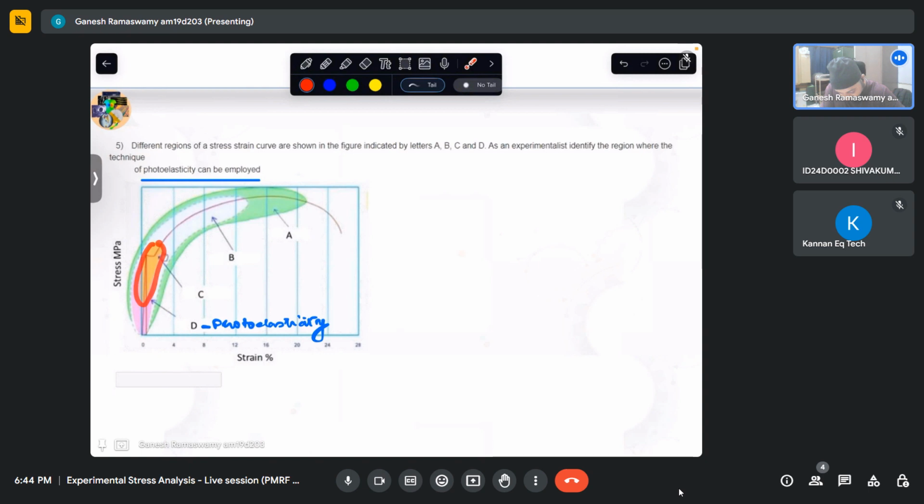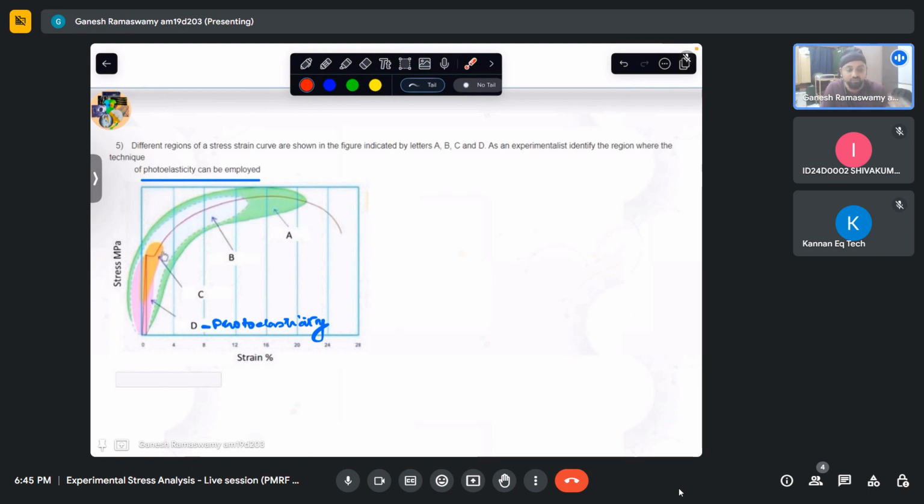Essentially, this area doesn't start from zero. It has some threshold strain. This is strain. So there is some threshold strain from which it starts and somewhat goes beyond the plastic limit. So this is where we can use brittle coatings, because if we coat a material with a brittle coating and we load it, it is not that as soon as we start loading it, the coating will fail.